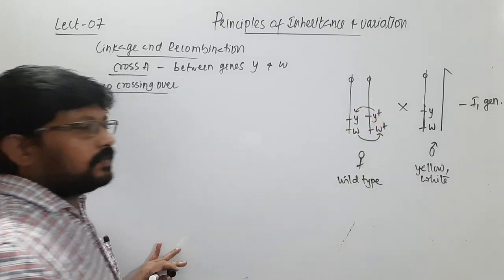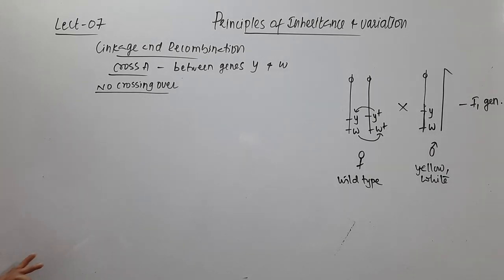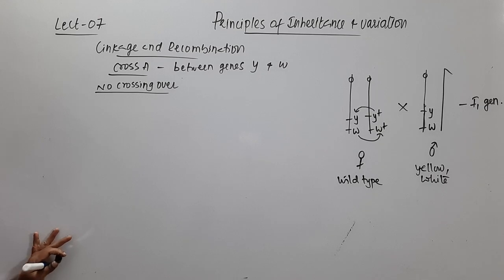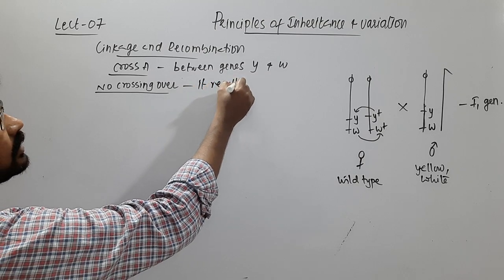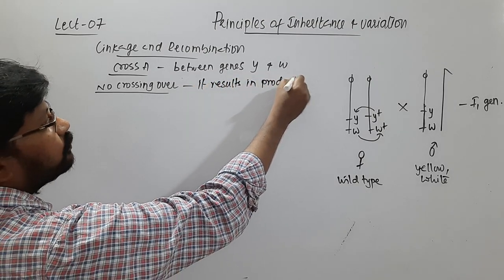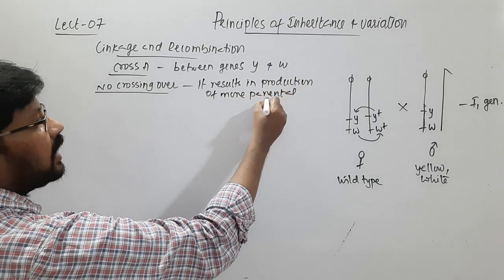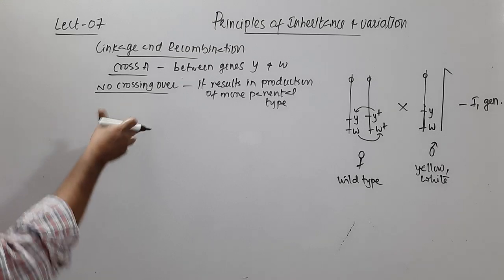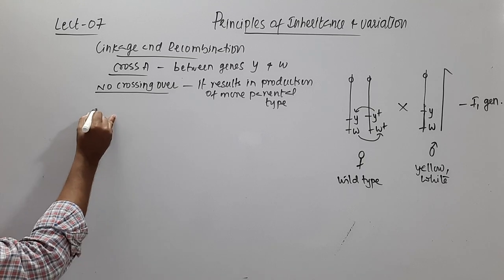So this is what we call crossing over. First I will discuss when there is no crossing over, and later we will see about crossing over. When crossing over doesn't take place, it results in production of more parental type, meaning the offspring will be similar to the parents. If crossing over takes place, then they will not be similar to the parents. So let's see.